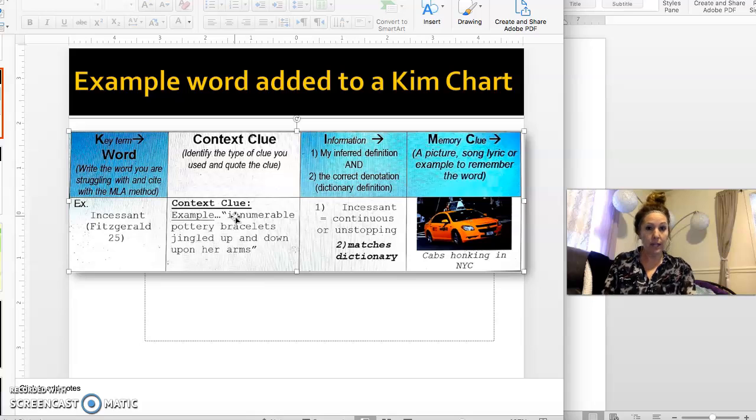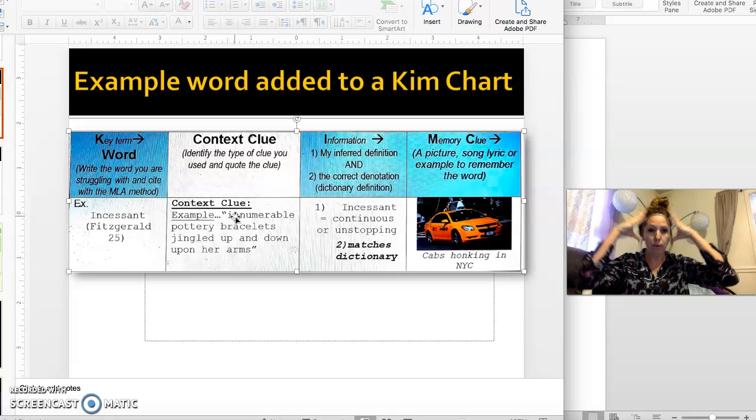Now, we learned in class there's 4 types of context clues that often are present in the context surrounding a word we don't know. Those 4 clues were a definition, synonym, antonym, or example clue. Now, it's not always the case. There will be times you'll come across a word you don't know, you can't find any clue around it, and you simply have to do the 5th thing we talked about, which is make an inference, make an educated guess.